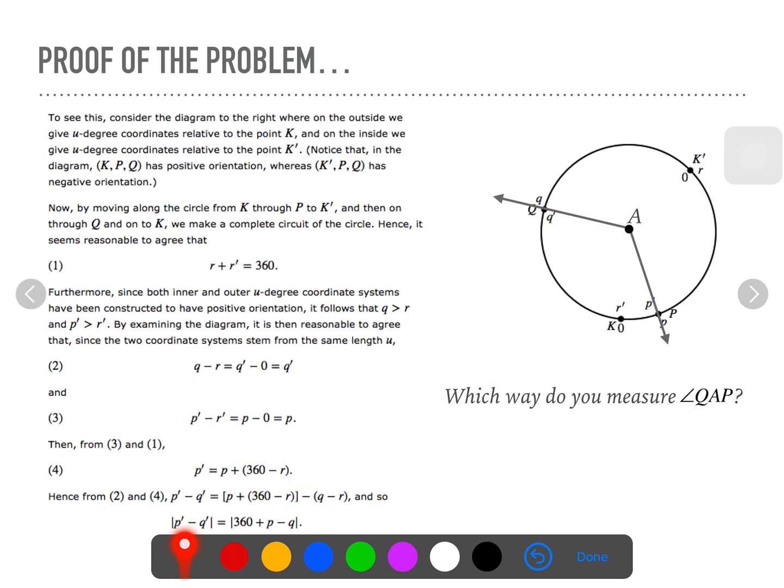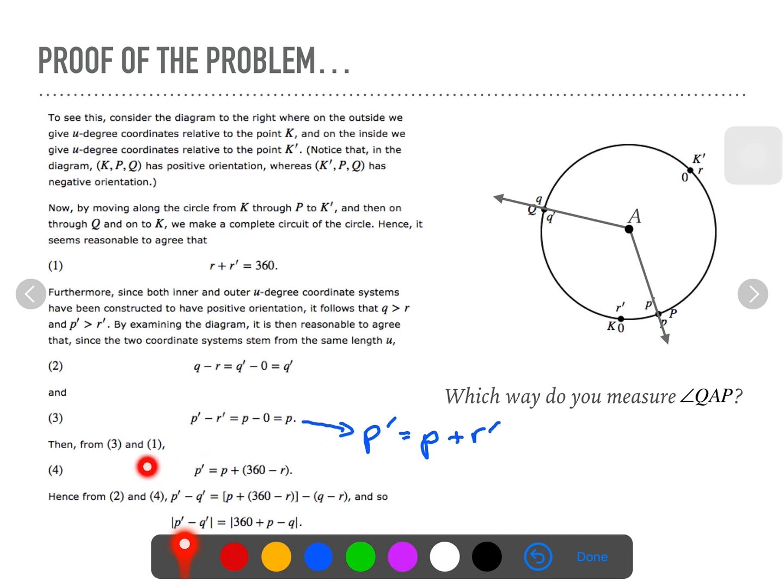So where does that come from? Let's take a look. From 3 and 1, P prime would have to equal P plus R prime. All I did was I added R prime to both sides.